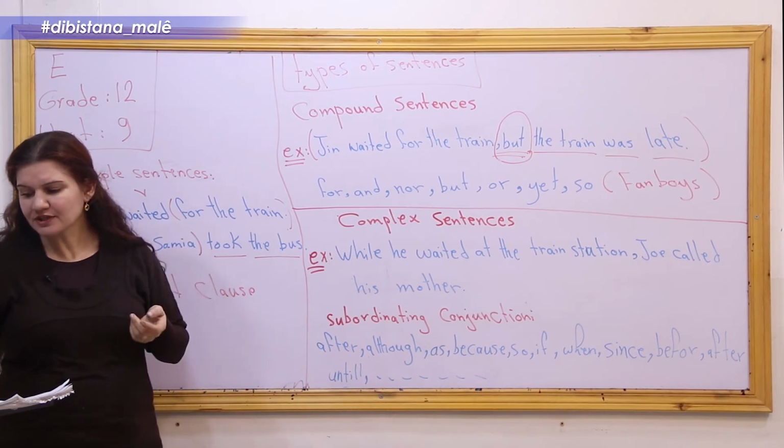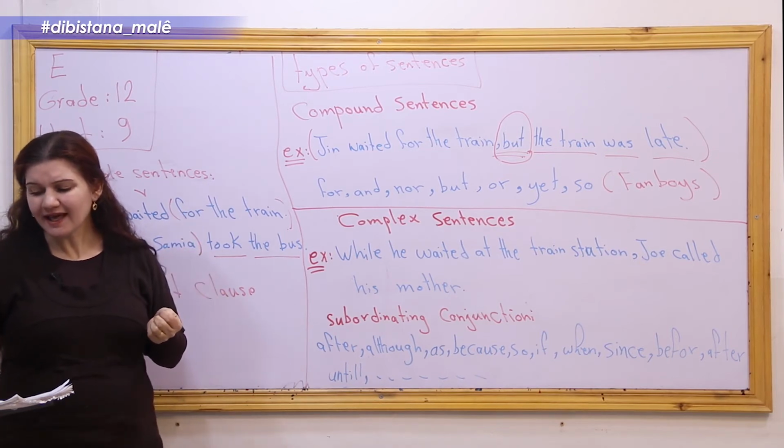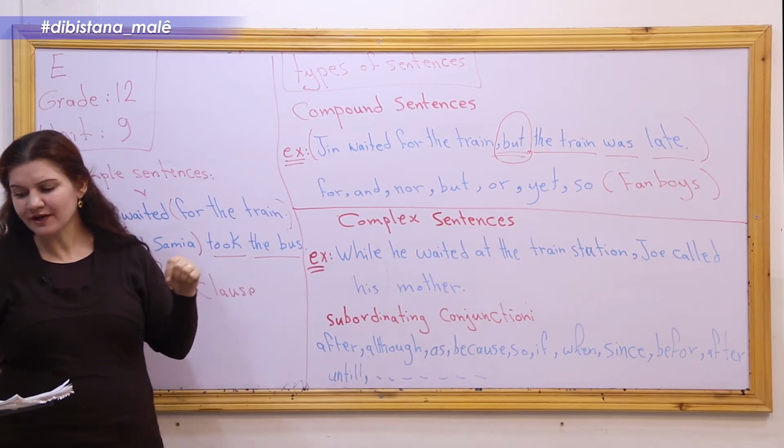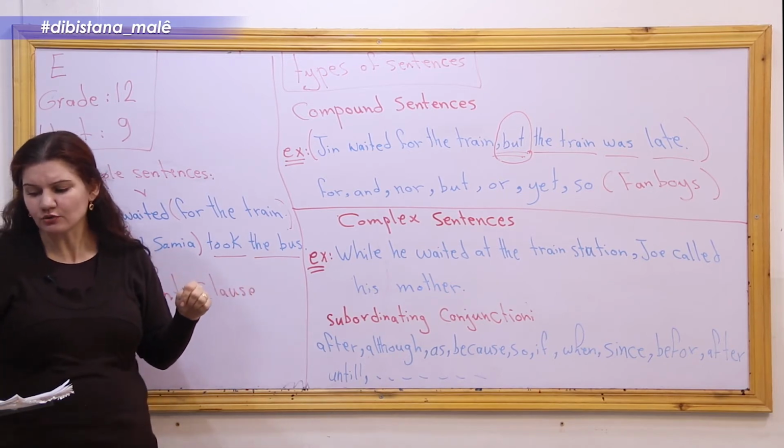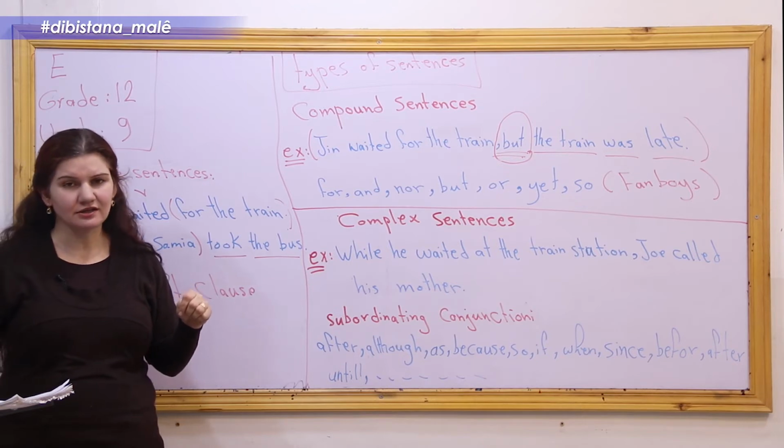For example, the word "and" only adds one independent clause to another without showing how the two parts of the sentence are related.